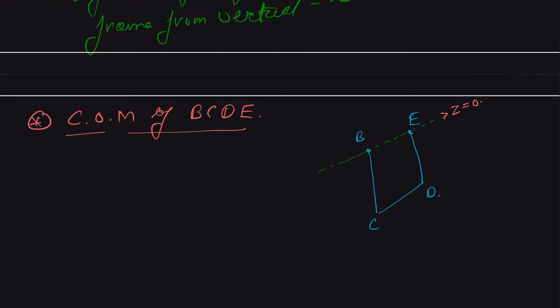And so we have two vertical sides, BC and our DE. Okay.